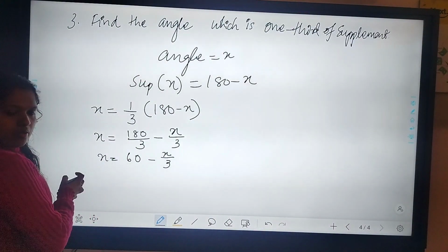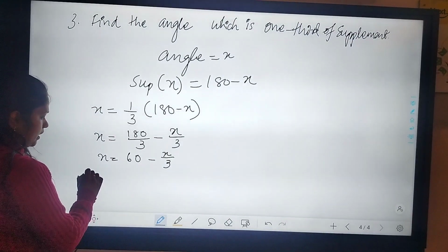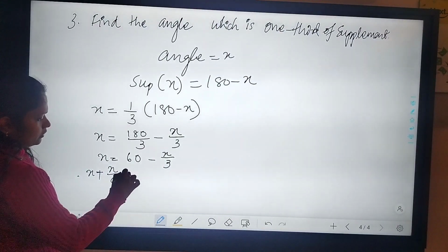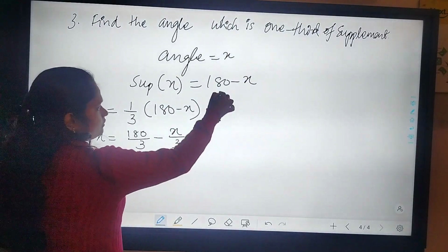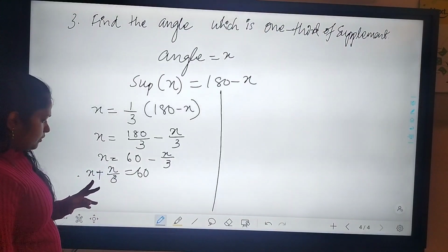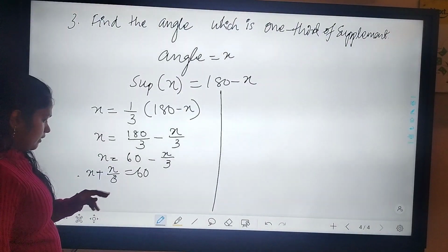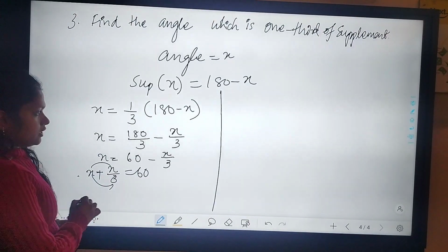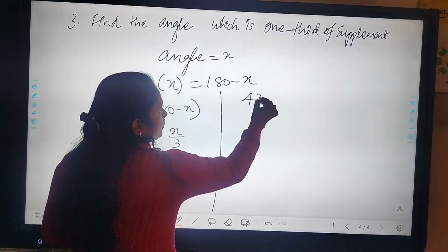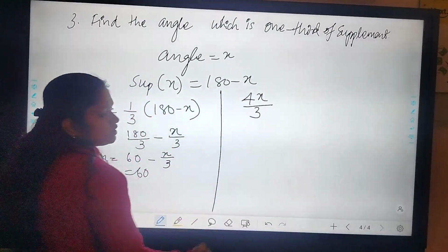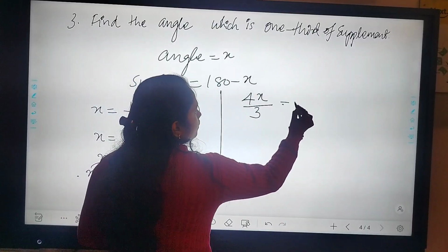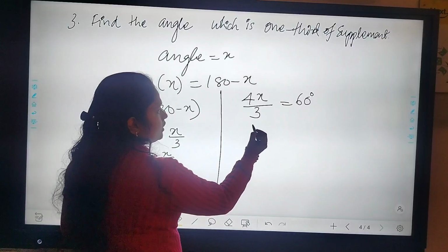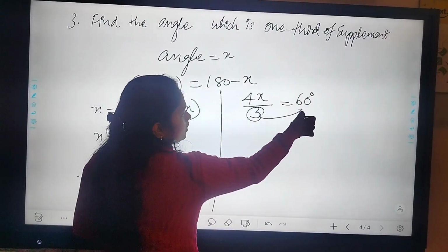Take the x to one side, then x plus x by 3 equals 60. Then we have to take the LCM: 3x plus 1x equals 4x, the denominator will be 3, equal to 60. Then take the 3 to the right side.